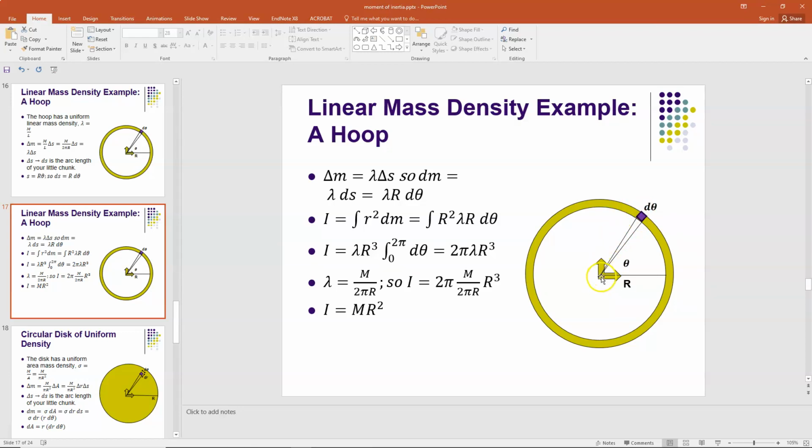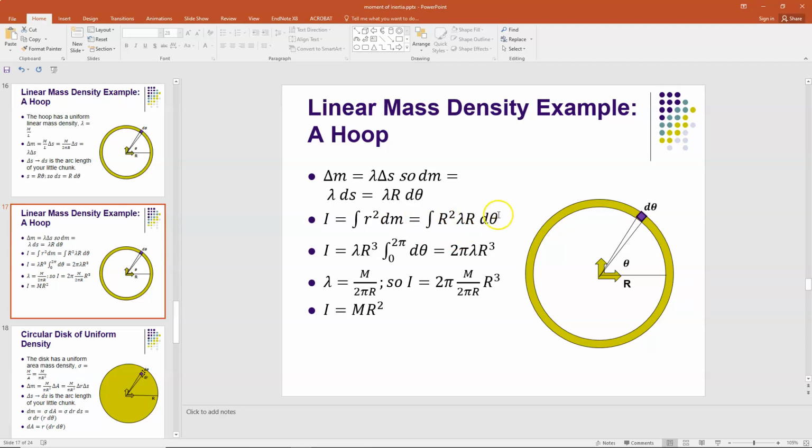We're assuming that the axis of rotation is shown here, and is at the center of the hoop. So since our radius is fixed for this hoop, and it's big R, then all of our little dm's would be the same distance from the center of the hoop, big R. So that means that little r squared actually is equal to big R squared here, since the radius doesn't vary for all the little chunks. And then dm, we already said, was lambda R d theta.